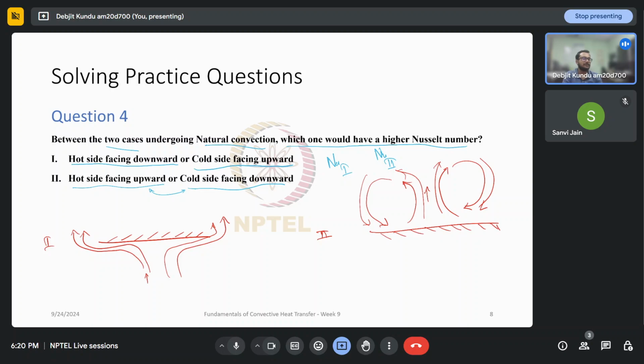So among these two cases, in which case do you think the Nusselt number will be higher or the heat transfer rate will be higher? In case 1 or case 2? Case 2, correct.